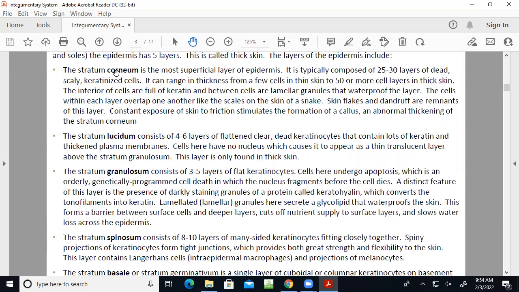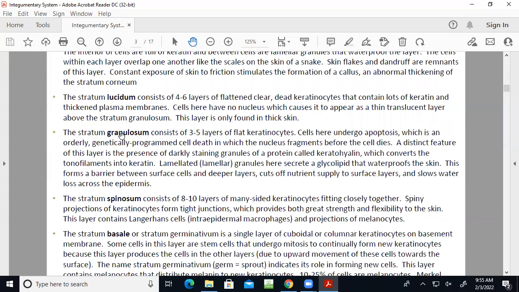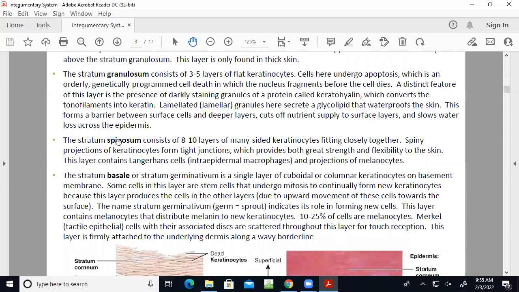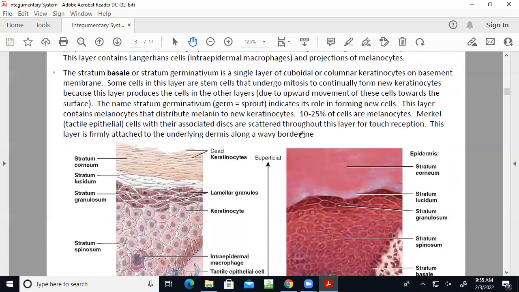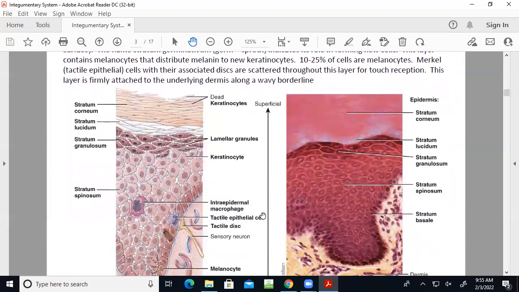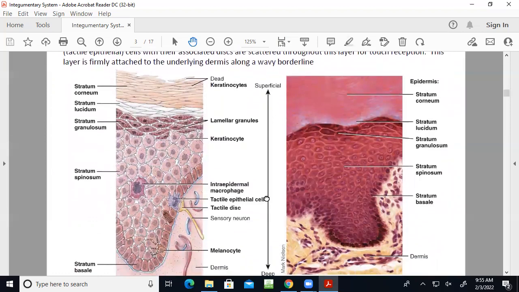The phrase is: C for corneum, come; L for lucidum, let's; G for granulosum, get; S for spinosum, some; B for basale, bread. A student came up with that better than me, but come, let's get some bread might help you remember those 5 layers in their correct order.